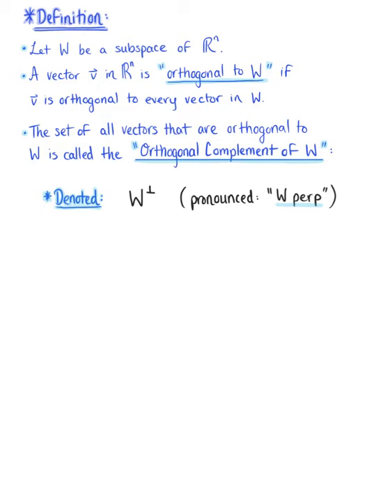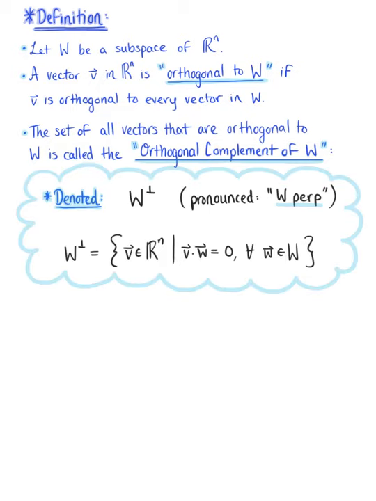Now, in set notation, we say that W perp is equal to the set of all vectors V in Rn, such that the dot product of vector V with vector W is equal to 0 for every vector W in subspace W.